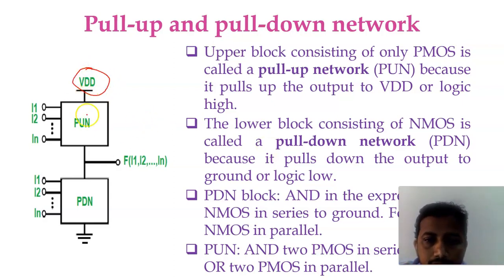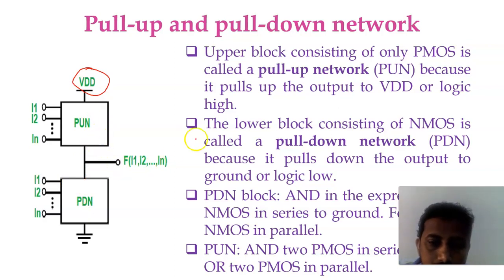Once this pull up network is on, it takes your output to be high, and the pull down network will make your output low. Usually, the pull up network has PMOS, and the pull down network has NMOS.